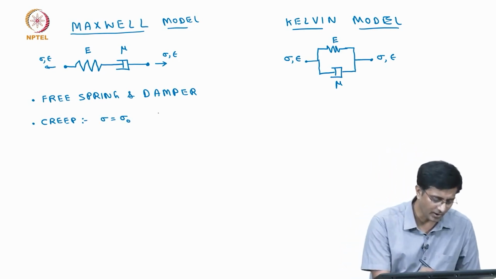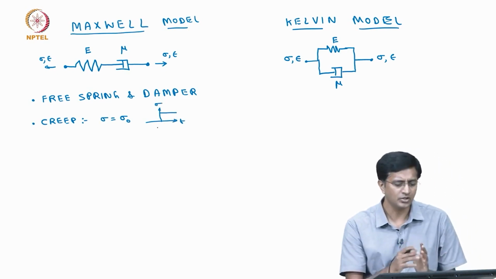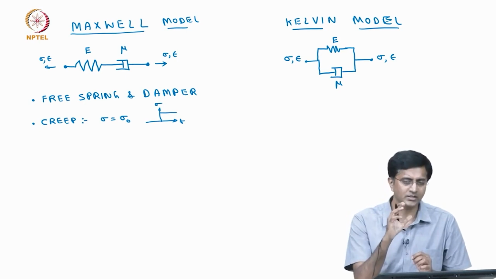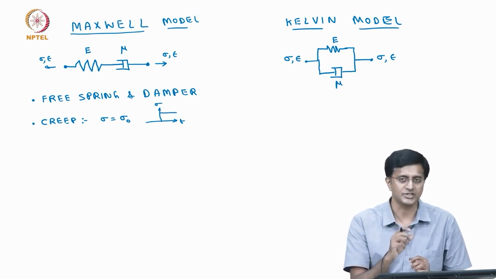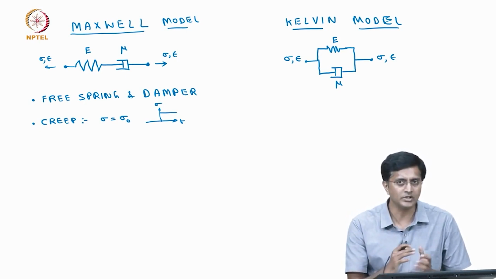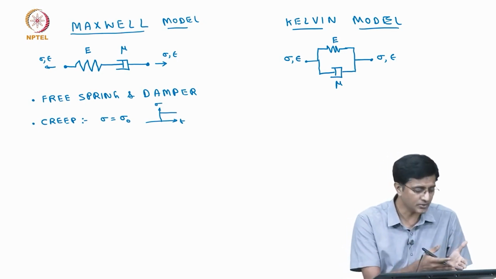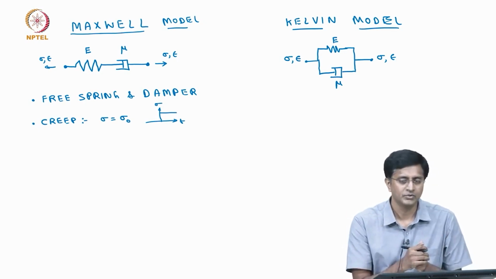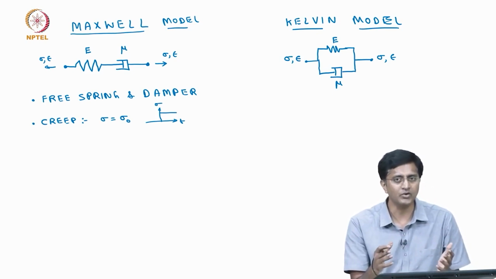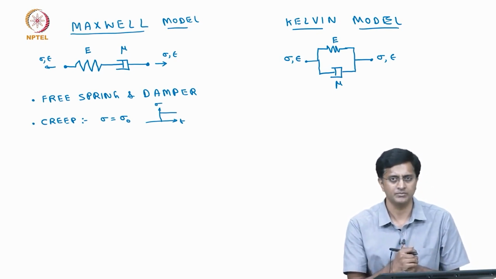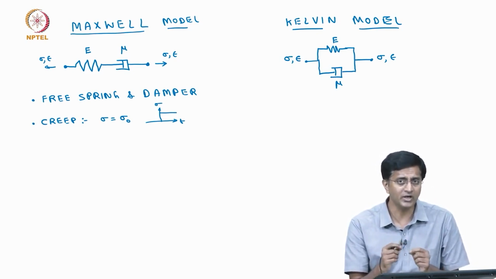We said we apply an instantaneous load, right, that is the definition of creep. We are talking about stress versus strain. So, at time t equal to 0, there is a sudden increase in the stress. How would the strain look in terms of the spring and damper? Will it have any instantaneous value or not is the question. The answer is it will have an instantaneous strain.